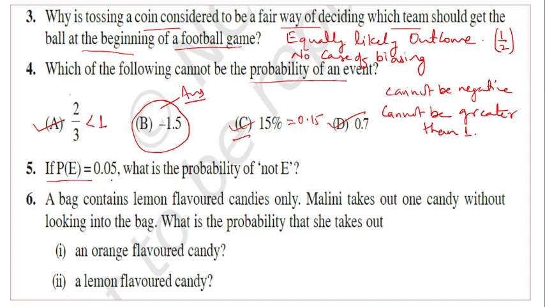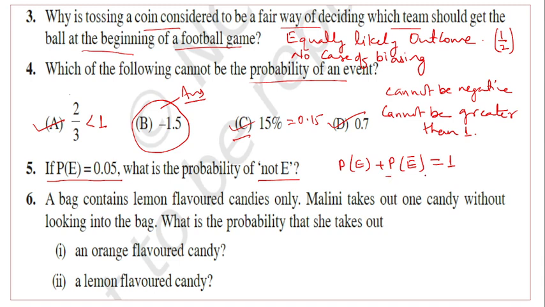If the probability of an event E is given as 0.05, what is the probability of not E? We already saw that the probability of an event plus the probability of the event which will not occur is equal to 1.